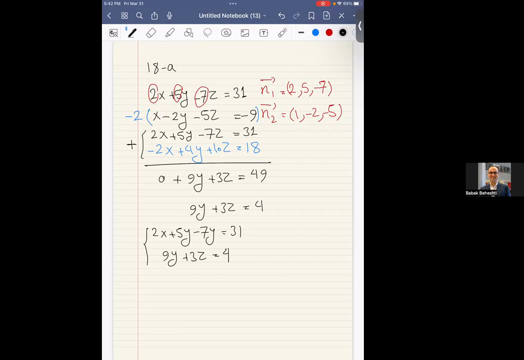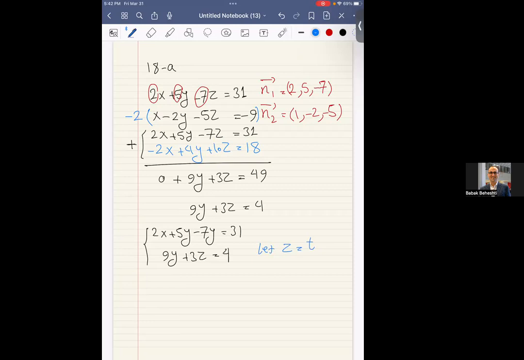As I said, these two planes intersect in a line, so I want to find the equation of the line. Because I have two equations and three variables, I can let one of the variables be a free variable. For example, I let z be a free variable equal to t.